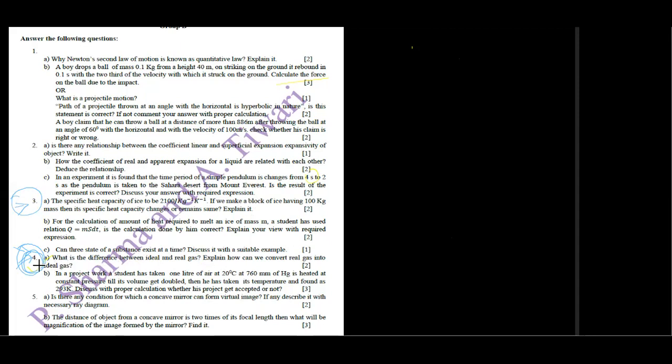In 4a, it is given: what is the difference between ideal and real gases? Explain how we can convert real gas into ideal gas.